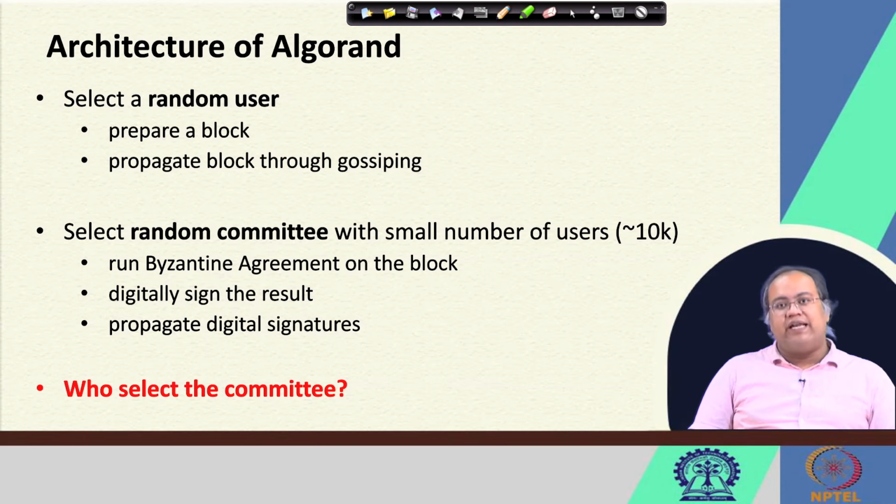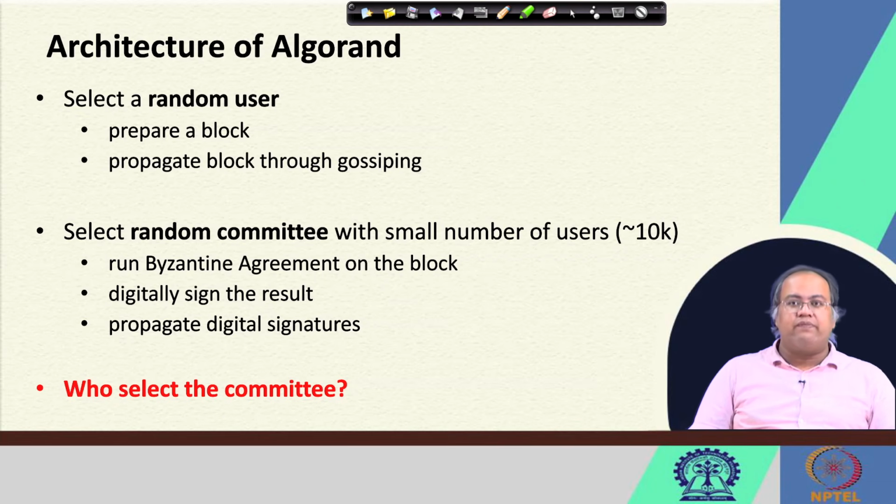First, you select a random user. That random user will prepare a block and propagate the block through gossiping. Well, when a random user is preparing a block and propagating it through gossiping, you need to ensure that the block proposed by that random user is a valid block.